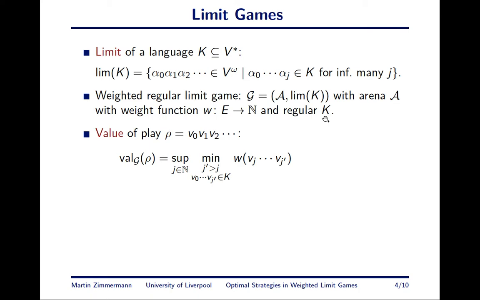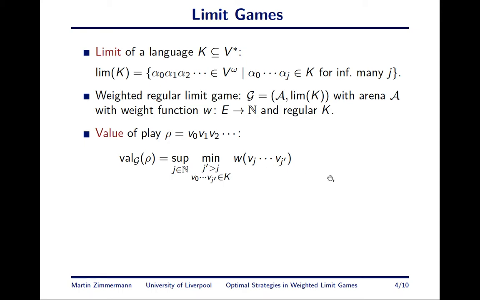Now we need to define the value of a play. What we do is the following. Rho is a sequence of vertices. So what we do is we look at every position j in this sequence, and then look at the next one that is strictly after that, such that the prefix up to that position j prime is in K. And then we look at the weight from our position j up to j prime.